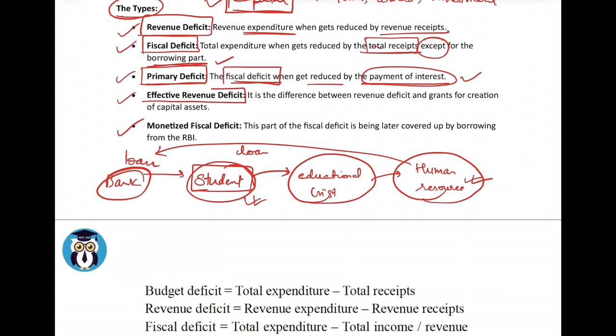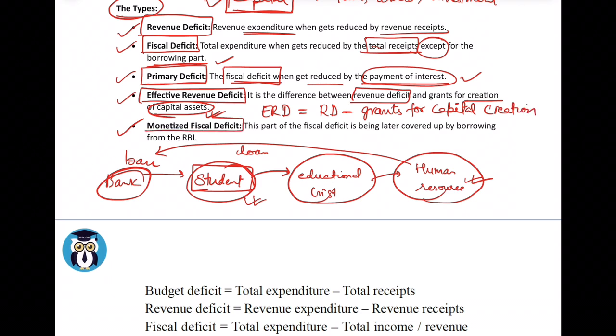Now, the effective revenue deficit. In the case of revenue deficit, there is some revenue expenditure which goes for the creation of capital assets. So in that case, effective revenue deficit will be revenue deficit minus grants for capital creation.